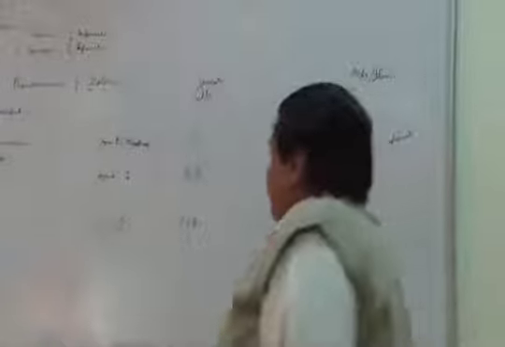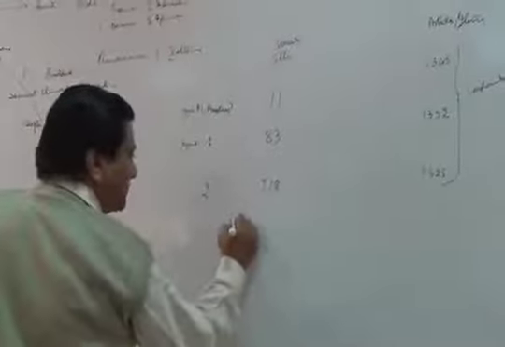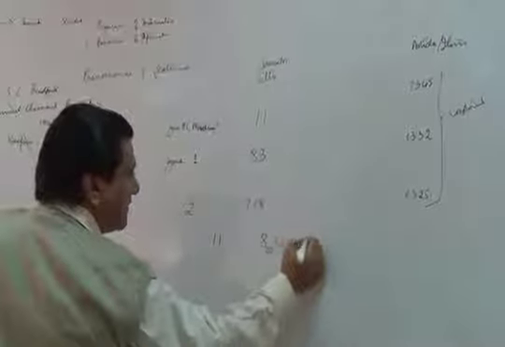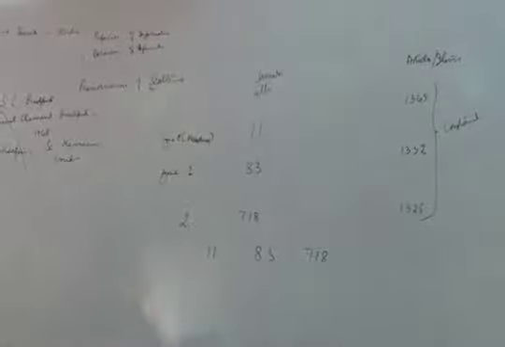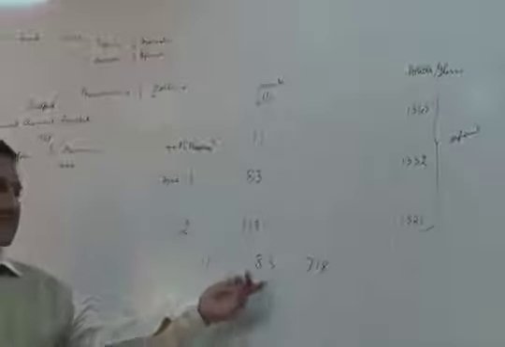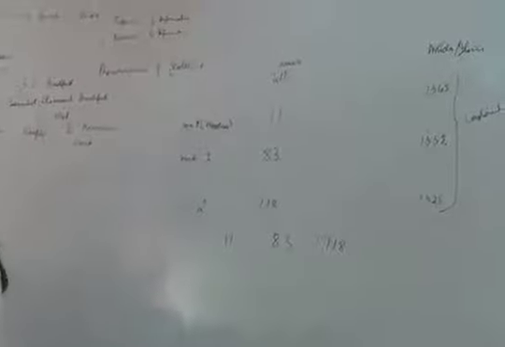So here we have a figure consisting of 11 ratio 83 ratio 718. What are they? Number of journals in the nucleus, number of journals in the first zone, number of journals in the second.